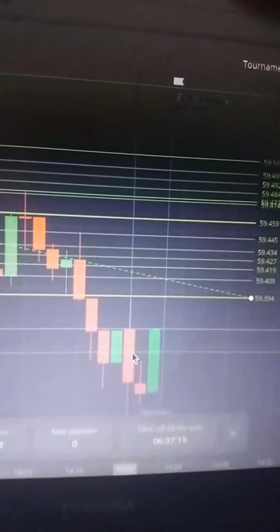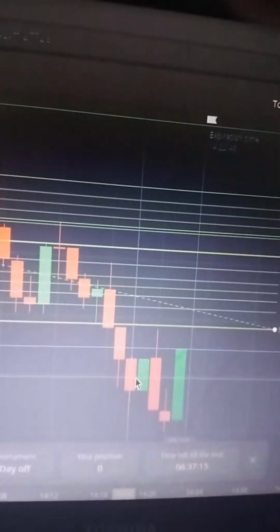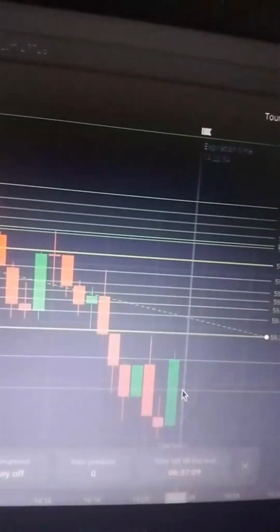That's the most important thing first. So we need to identify the black box first. This one candle overlapped with this one, then the third candle overlapped with this one. That's a good thing. That makes it a black box.